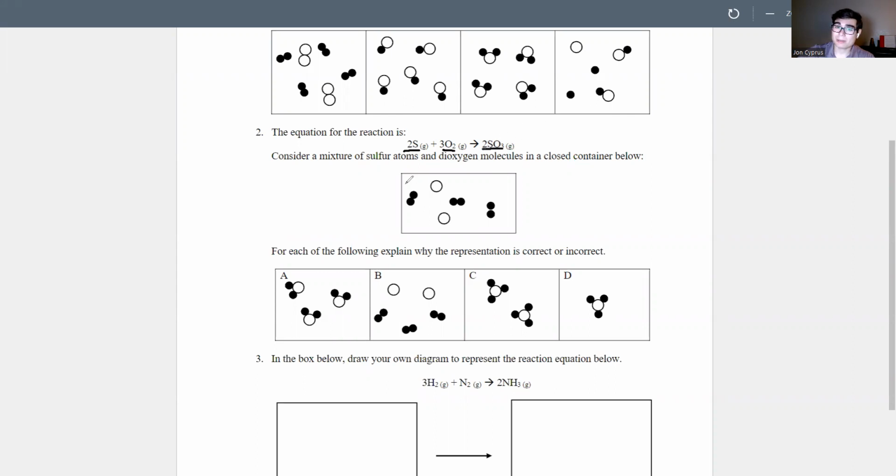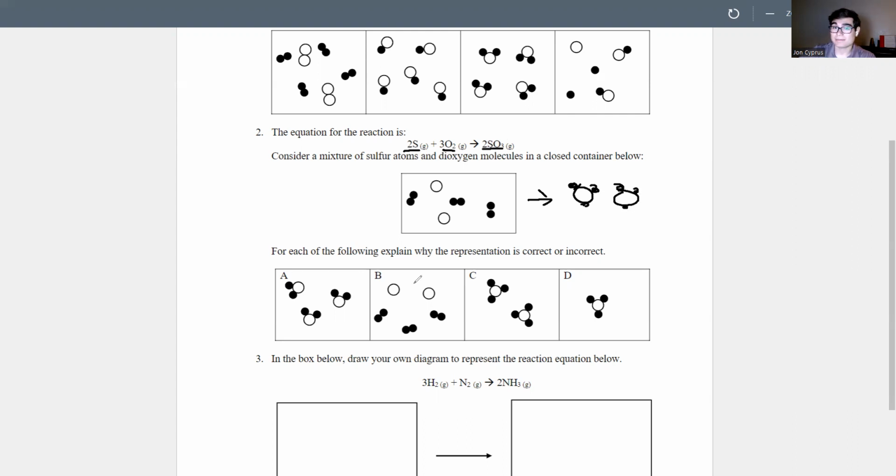So our product is the same ratio as this chemical equation. We have 2 S's, which are these things by themselves, and we have 3 O2s in the black. S is bigger than O, that's why they have drawn it like this. This means we should get 2 SO3s out. So it should be something like that. Now let's check these.